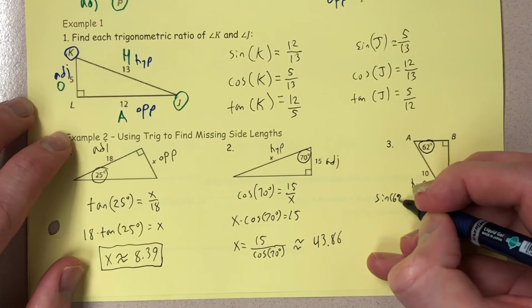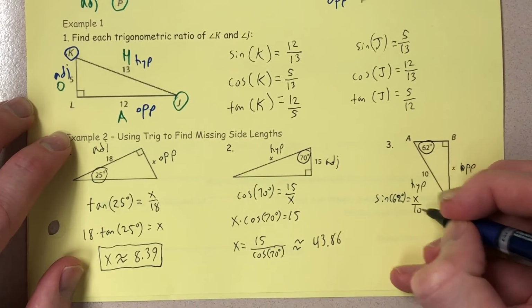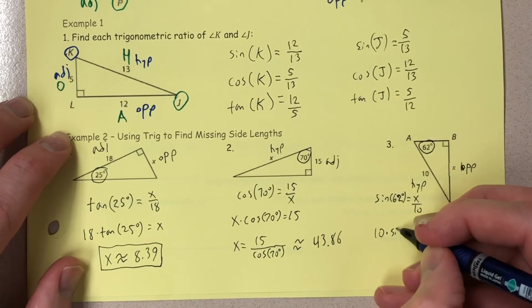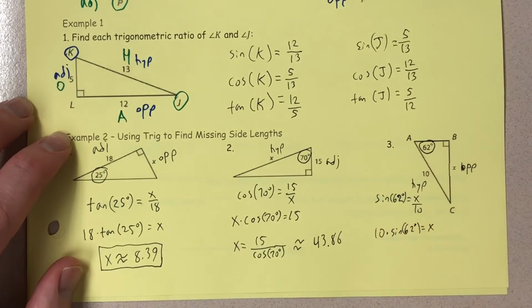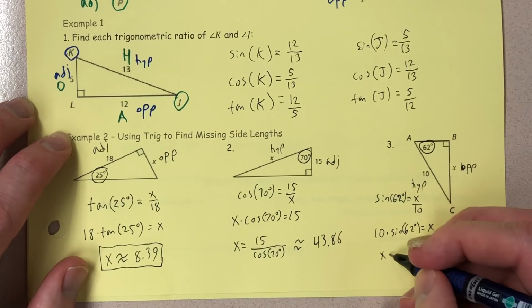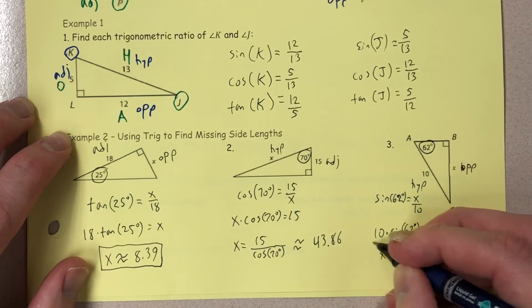So sine of 62 degrees is equal to our opposite over our hypotenuse, so x over 10. So we can say that 10 times sine of 62 degrees equals x. So our final answer here is that x is approximately equal to 8.83.